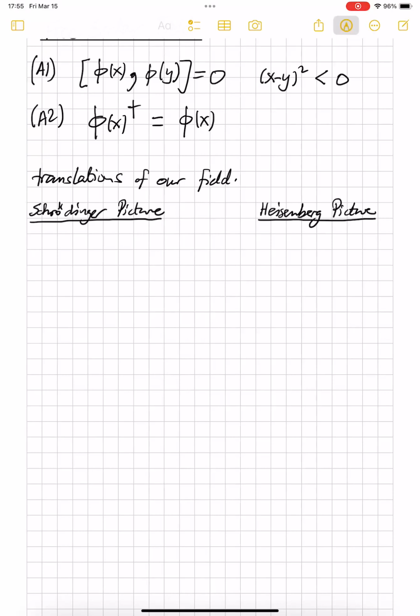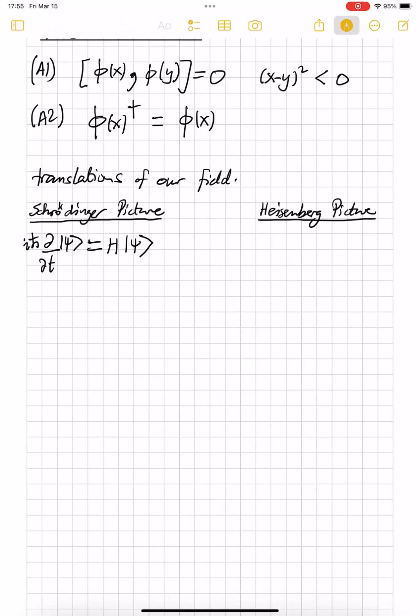Okay. In the Schrödinger picture, perhaps the most important equation is the Schrödinger equation. And the Schrödinger equation tells us that, I'm going to put h bar in for now, i h bar d by dt psi is equal to H psi.